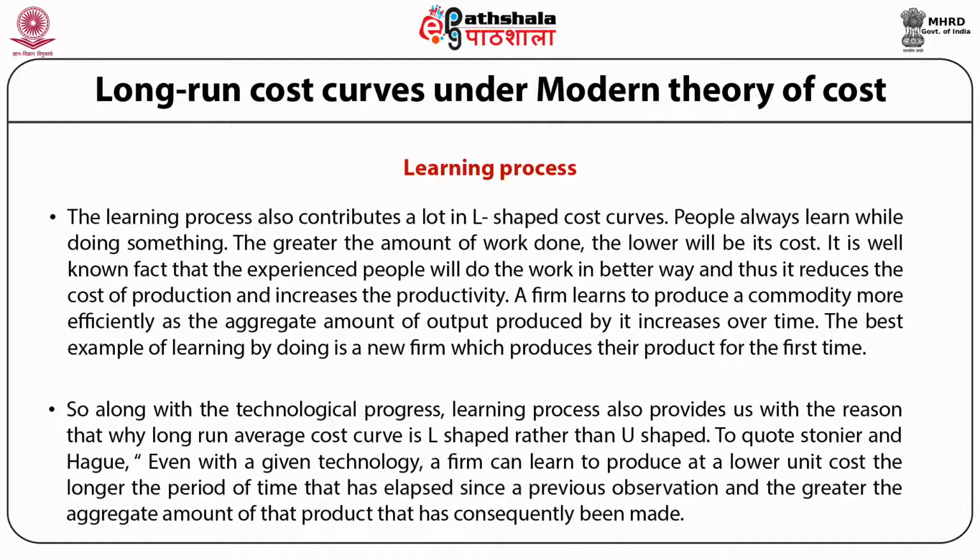To quote Stonier and Hague, even with a given technology, a firm can learn to produce at a lower unit cost the longer the period of time that has elapsed since a previous observation and the greater the aggregate amount of that product that has consequently been made.